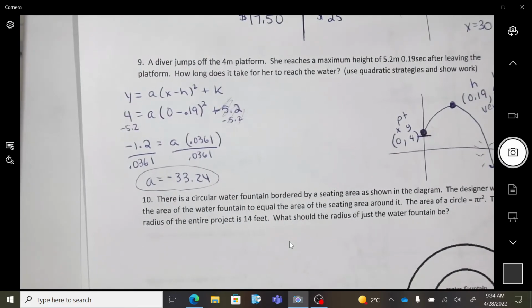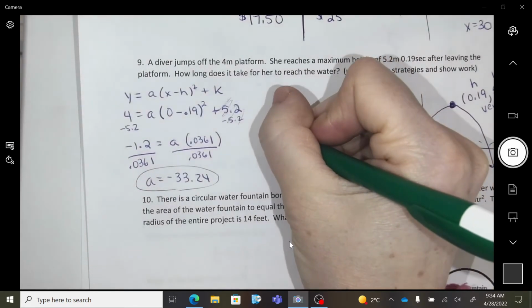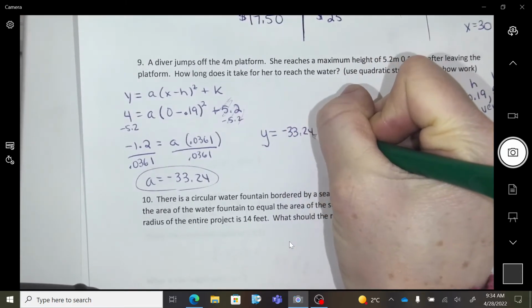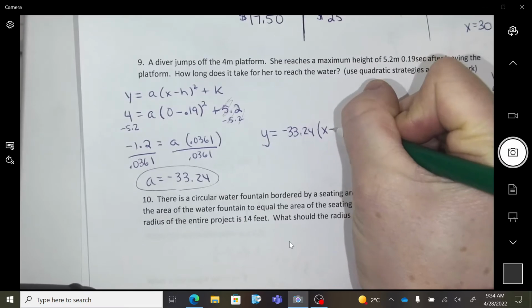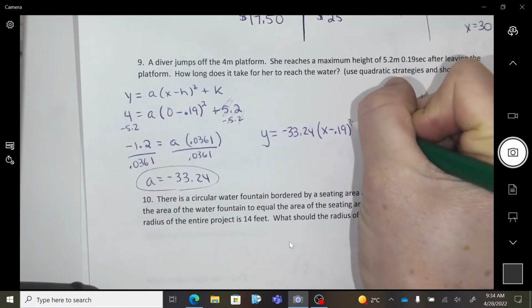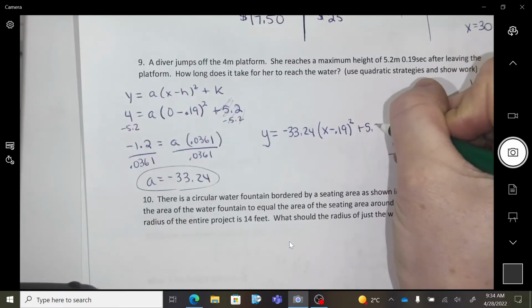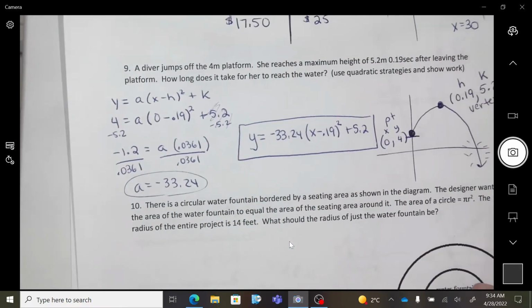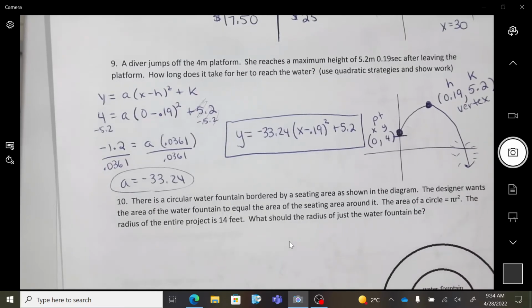Okay, now I have to actually make an equation which I can put into my calculator. So y equals negative 33.24 times (x minus 0.19) squared plus 5.2. Okay, so that's what we did before.